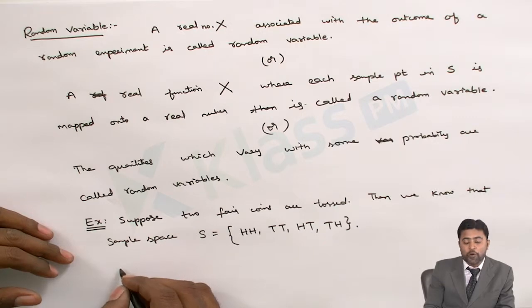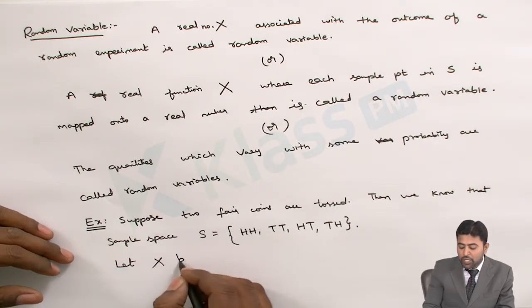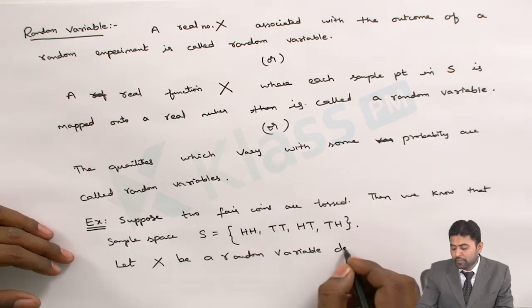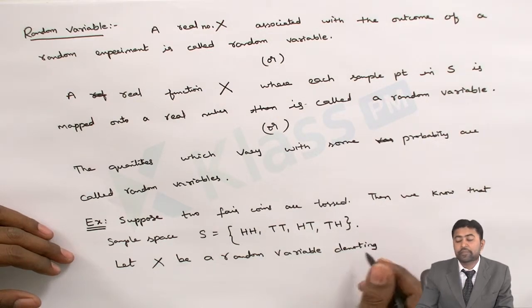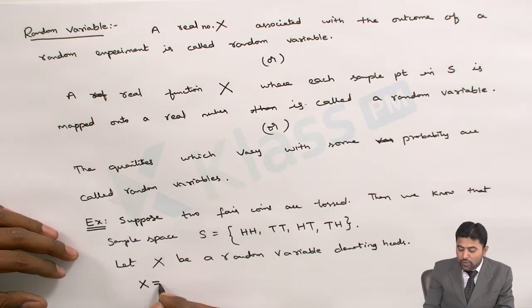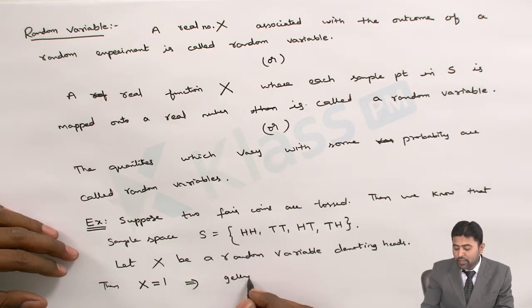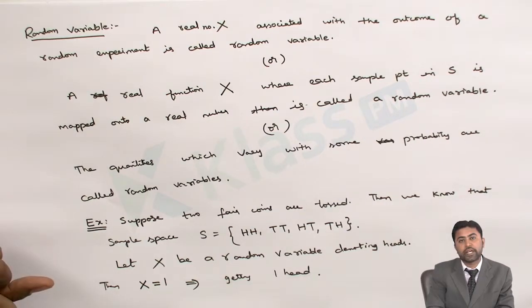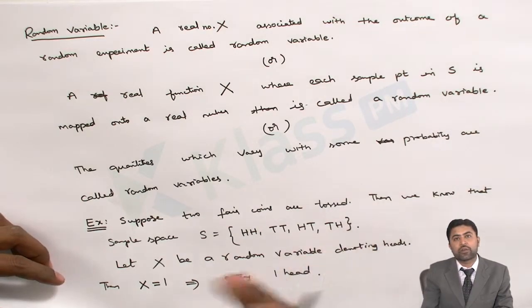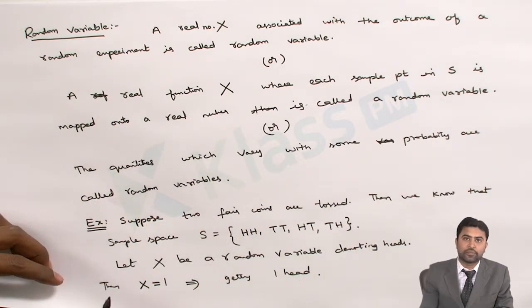And let capital X be a random variable denoting heads. If I write X equal to 1, it means getting one head. If I write X equal to 2, it means getting 2 heads. X equal to 0 means getting no heads, and so on.